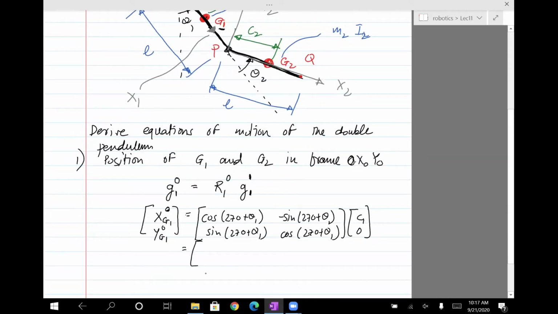Okay, so simplifying the cosine and sine terms here, we get sine theta 1, cosine theta 1. So sine of 270 plus theta 1, that's basically negative cosine, and that's why we have positive, because the negative signs get cancelled. So then cosine theta 1 and then sine theta 1.